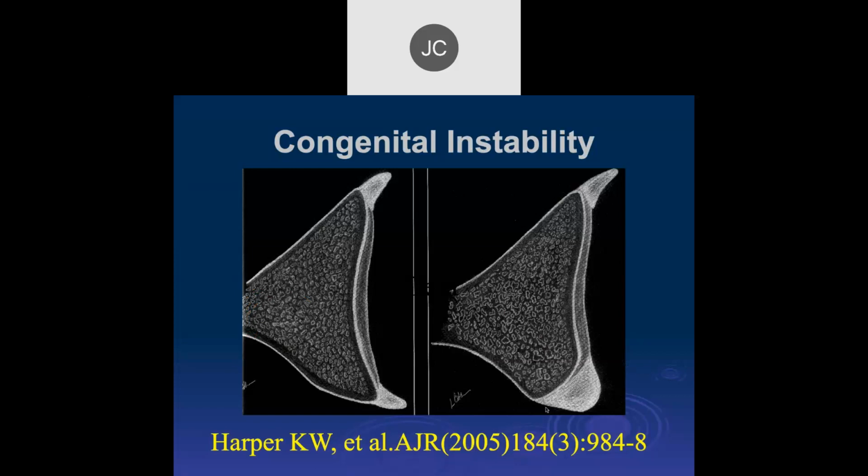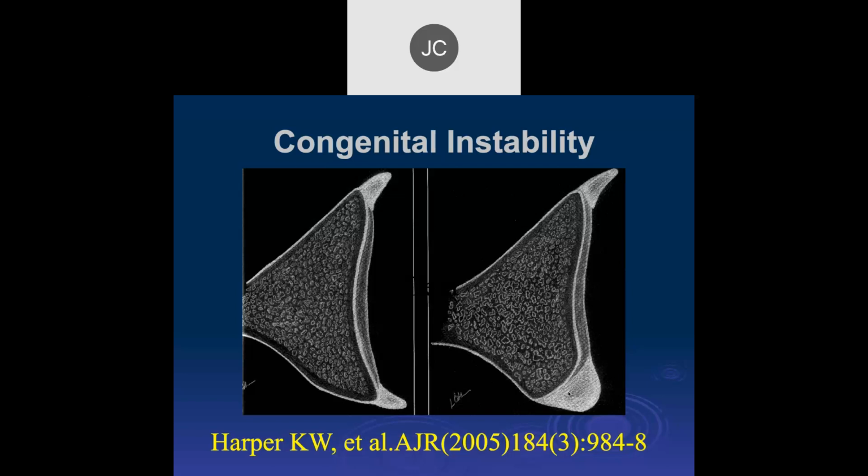Here would be a less severe one where you have a large posterior labrum and blunting of that posterior margin. Again, these are the kind that you'll often see in young baseball pitchers.